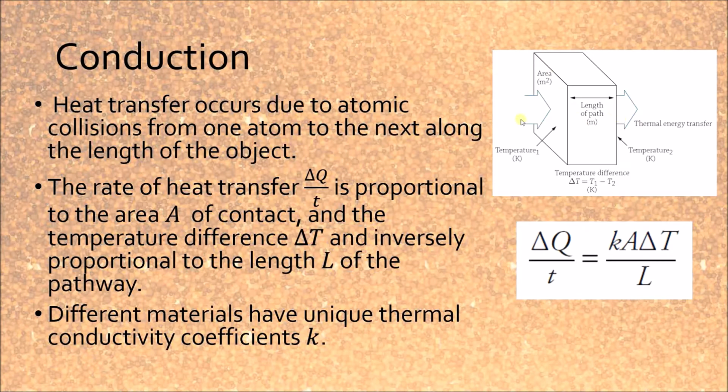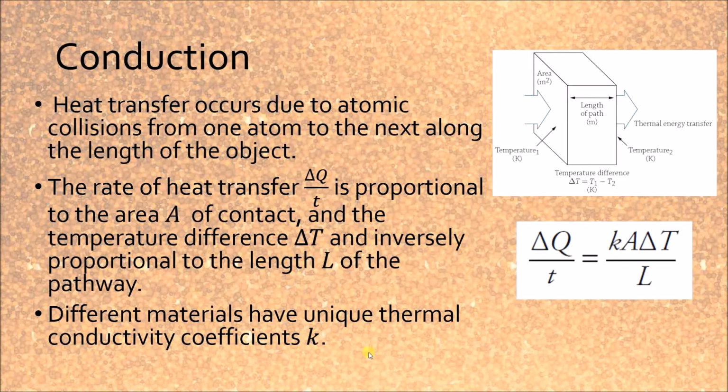And the bigger the contact area between the hot side and the cold side, the more likely heat will pass through. So we end up with this equation right here, delta Q over t, which is the heat transfer rate, is proportional to the temperature difference and the area of contact. And then this k has to do with the thermal conductivity of the material.